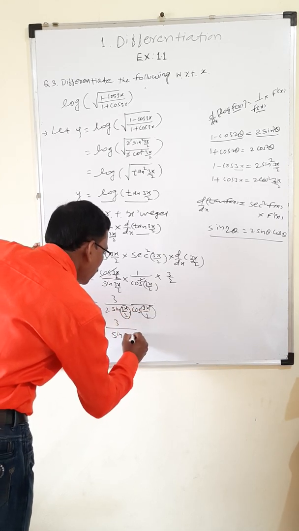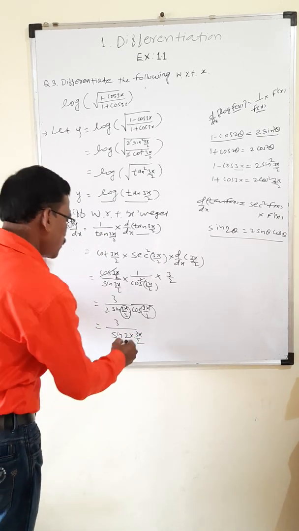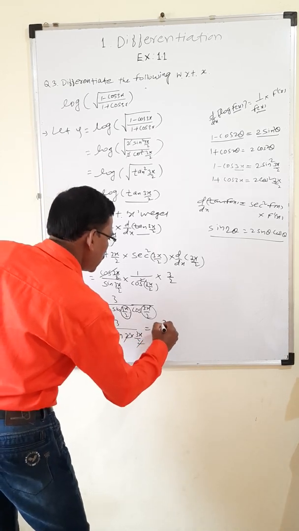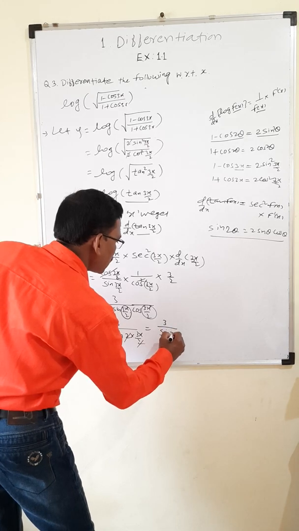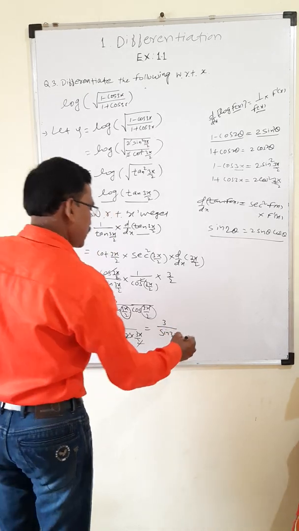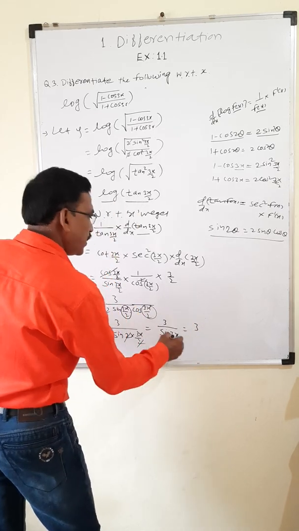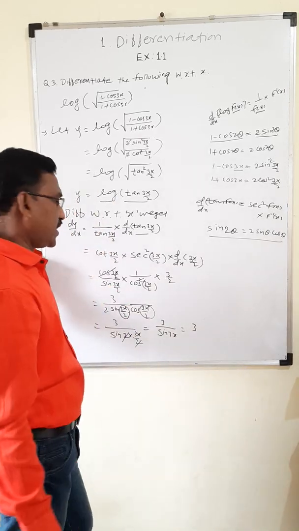So 2 will get cancelled. It is only 3 by sine 3x, which equals 3 into 1 by sine. 1 by sine is the reciprocal, cosec.